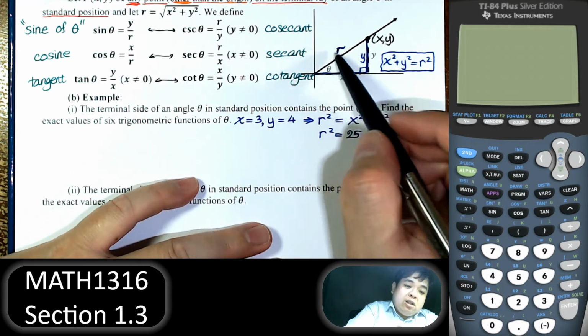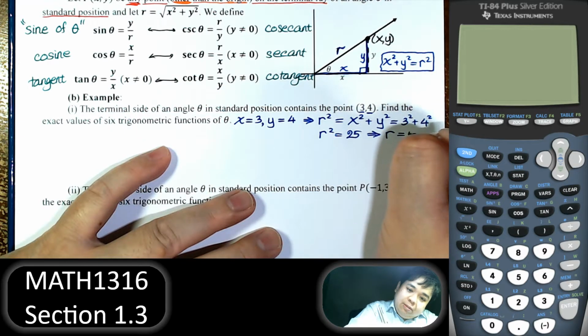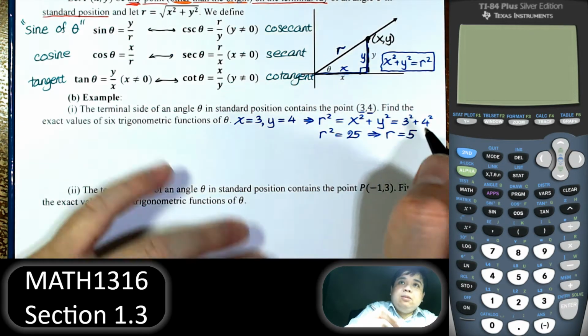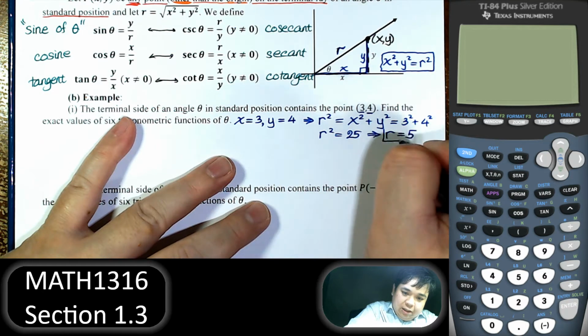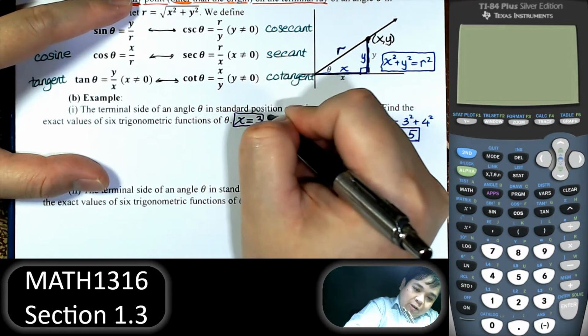Once again, r is positive, so r is 5. We have x and we have y.